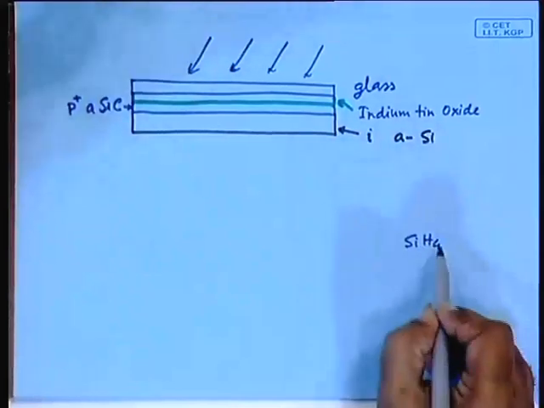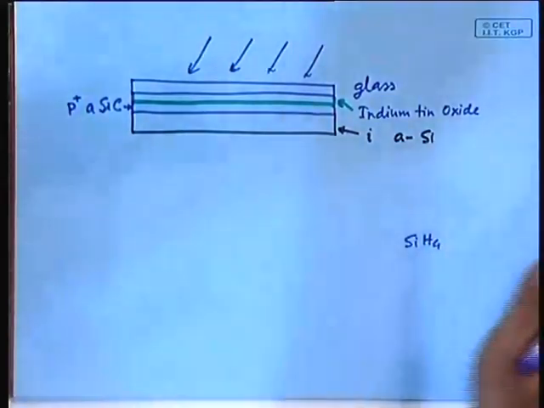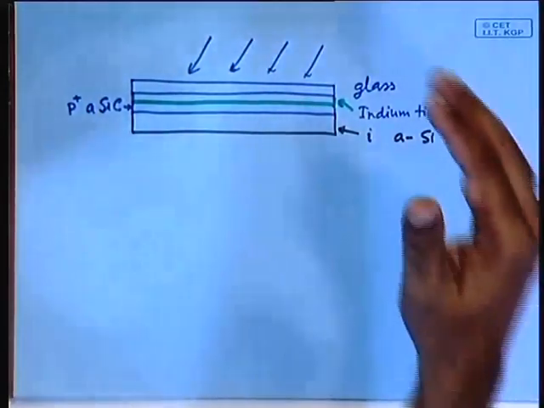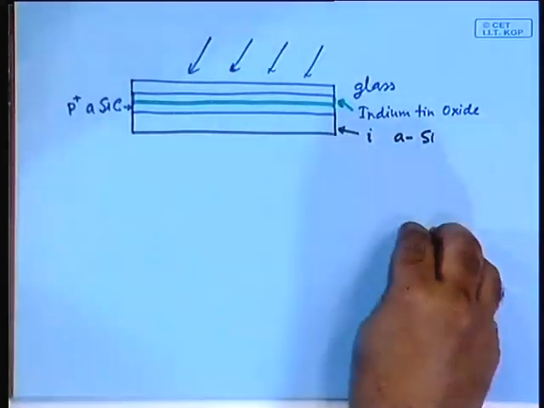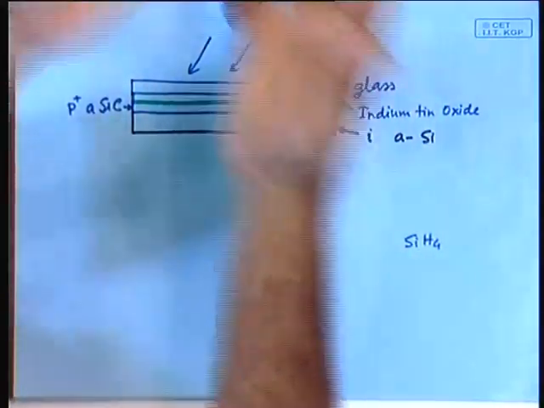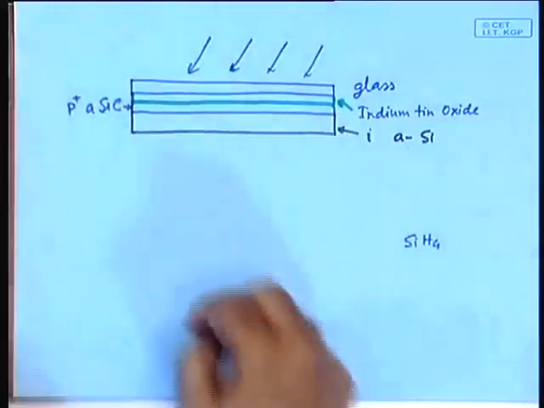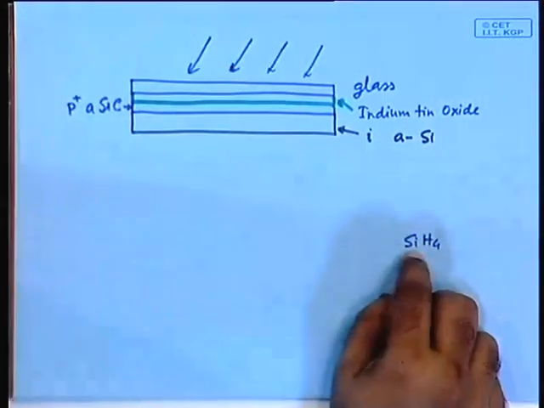So, first this gas is introduced in that chamber, and then it is broken up through electrical discharges. When it breaks up, you have got the silicon separated out which deposits onto this glass.